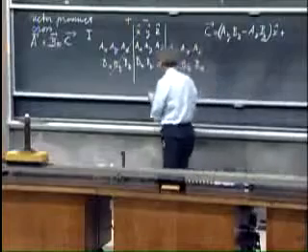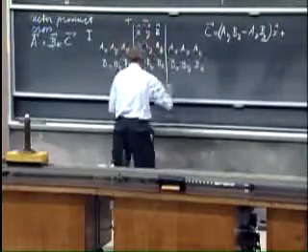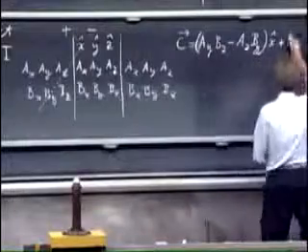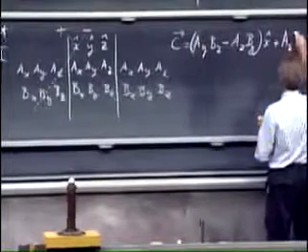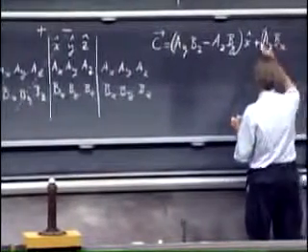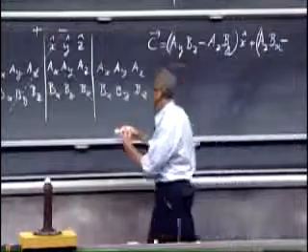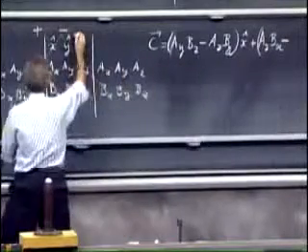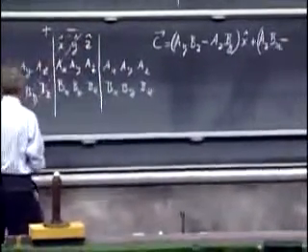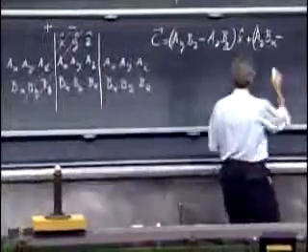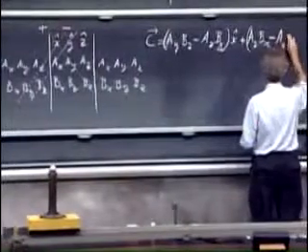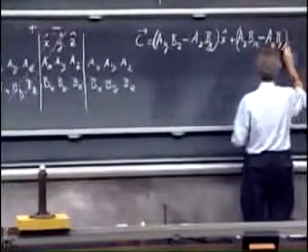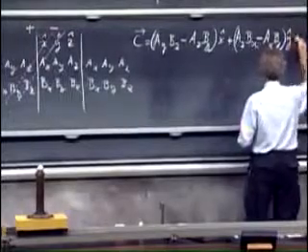The next one is this one, AZBX, minus this one, AXBZ, in the direction y.